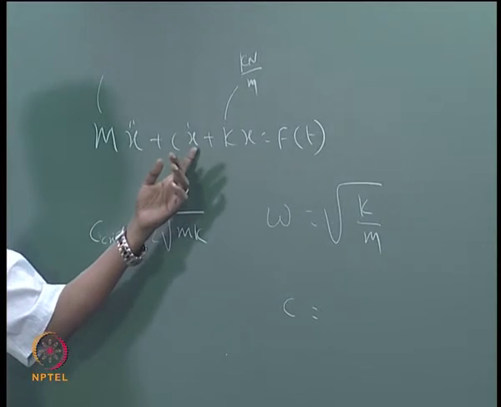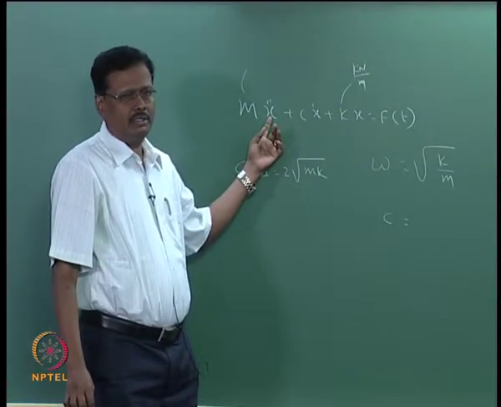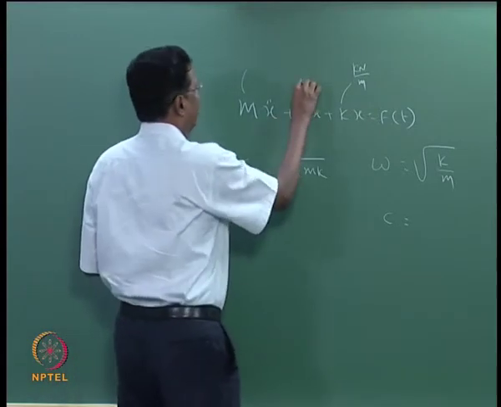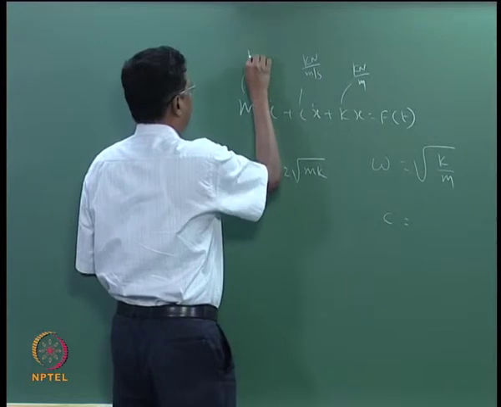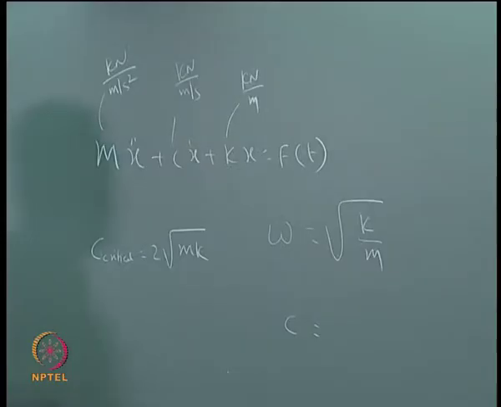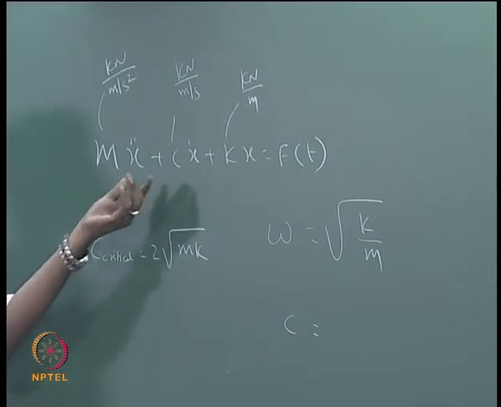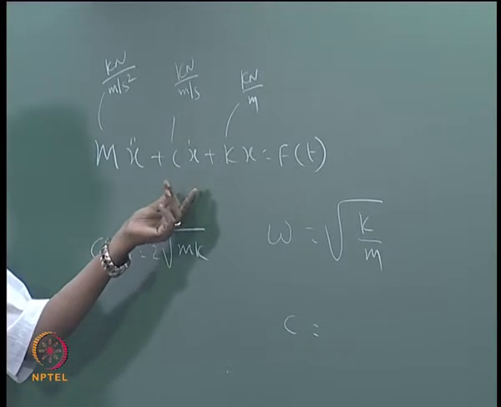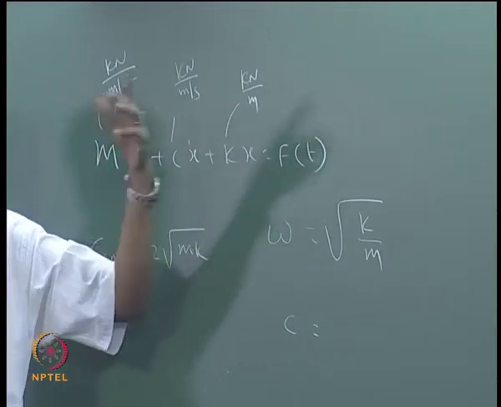Meter. What is the unit of x dot? Meter per second. Unit of x double dot? Meter per second square. So C will be kilonewton divided by meter per second, M will be kilonewton divided by meter per second square. If you multiply with x double dot, it will give kilonewton. Multiply with x dot, you will get kilonewton. If you multiply with x, you will get kilonewton. Force also is kilonewton.